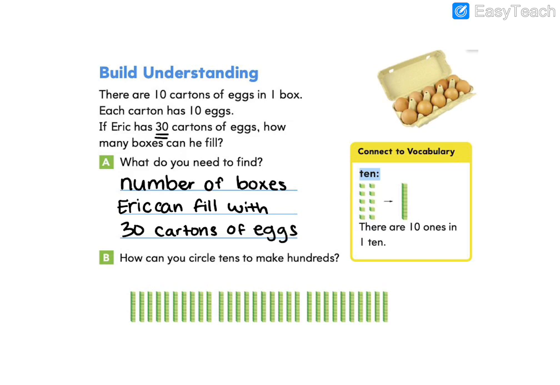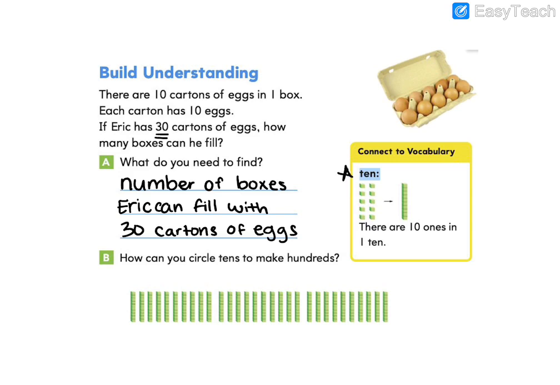Okay, so we're trying to find the number of boxes. Ultimately, that's it. We know he has 30 cartons of eggs, and there are 10 cartons of eggs in one box. So we're trying to figure out how many boxes he'll need for those 30 cartons of eggs.